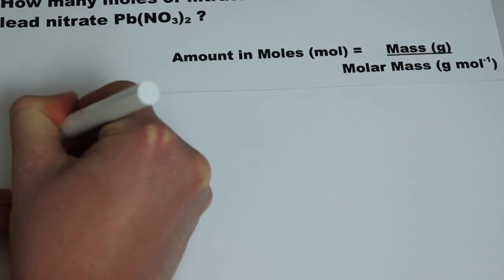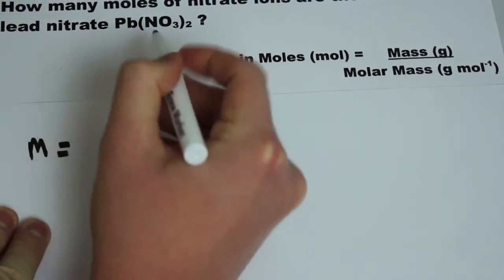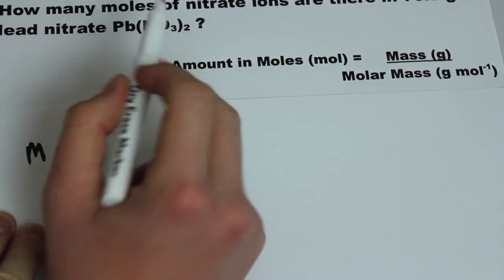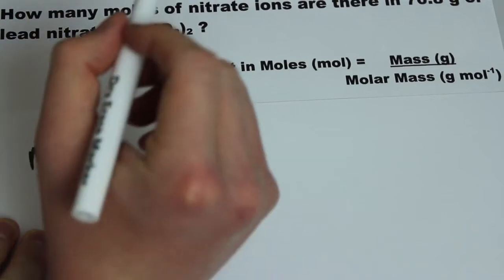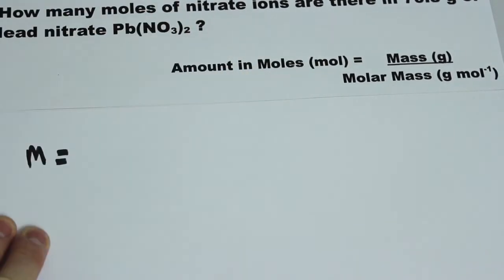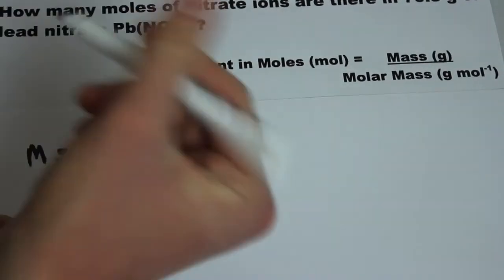We're going to write M, which is a symbol for molar mass. We take the relative atomic mass of lead, because don't forget, even though we are calculating the molar mass of an ionic compound which consists of ions, we still have to consider the relative atomic masses of the elements present in the compound.